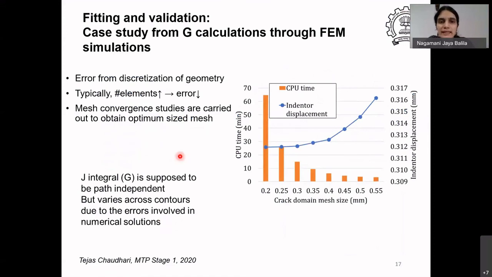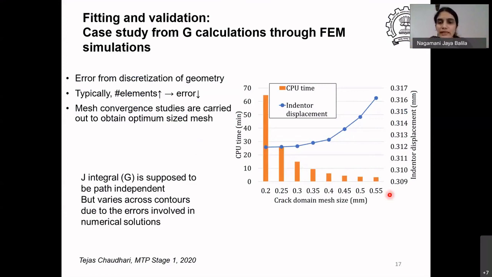On the right-hand side, there are again errors which typically result from the discretization. The entire continuum solid body is discretized into small elements, so the solution is approximate, and the finer you make the element, the closer you are to the actual solution. Well, that's not entirely correct, but we'll go in that direction.